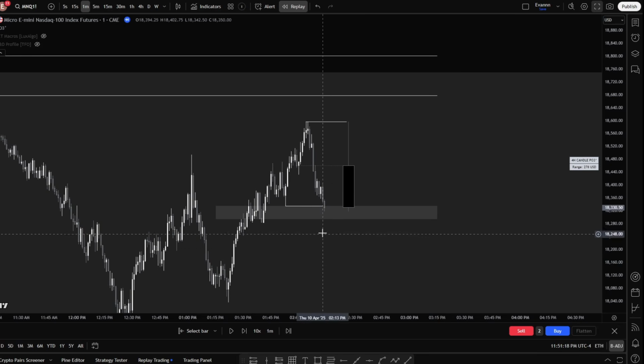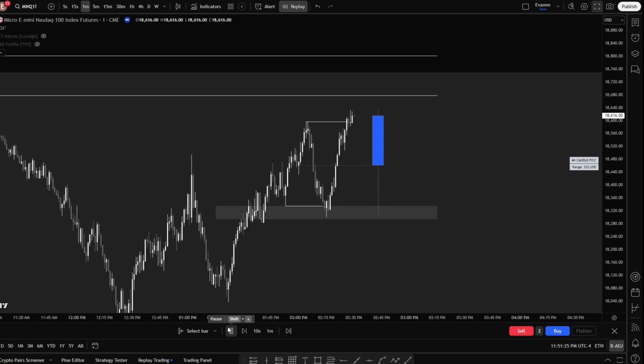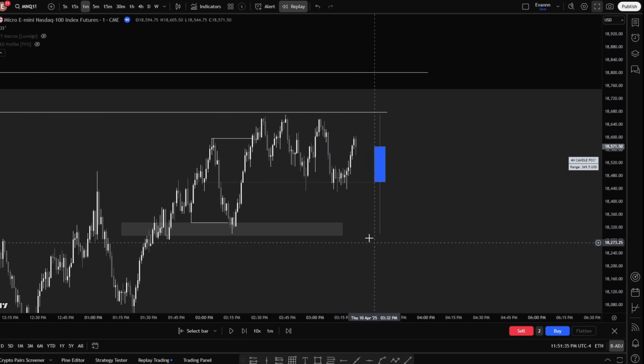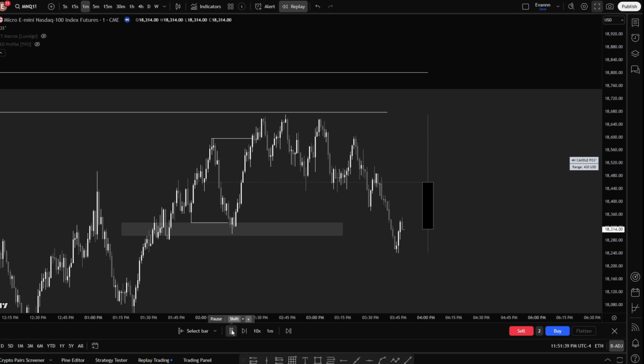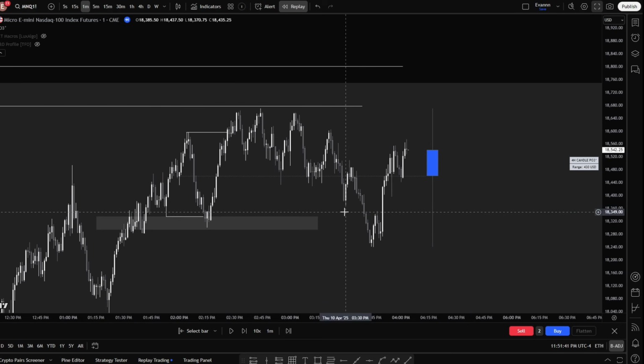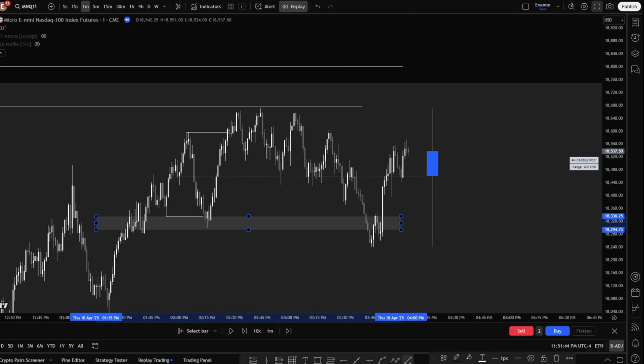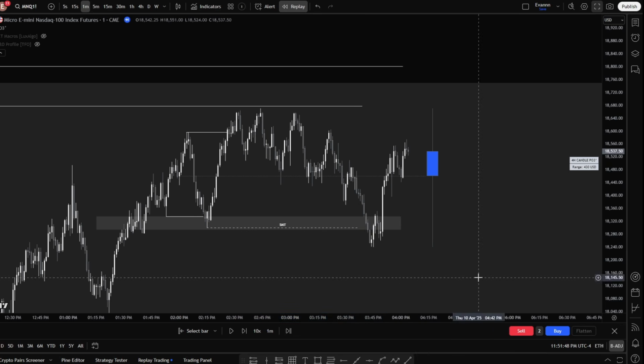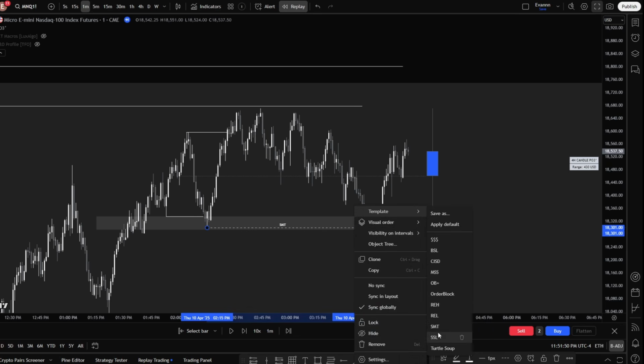So right here, we would trace back to the 15-minute. We sweep this low right here. Take out this internal high, consolidate a little bit. Manipulate lower one more time, taking out this low. Oops, put the wrong thing.